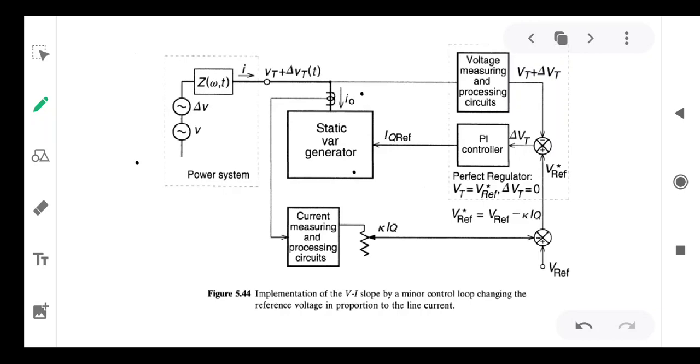Through the CT, I0 is given to the current measuring and processing unit, from which you will get the exact value of the current, and from the voltage measurement and processing unit, you will get Vt plus delta Vt, and Vt plus delta Vt is compared with the V reference signal. The modified V reference signal is V reference star. This is modified, and this is the reference signal.